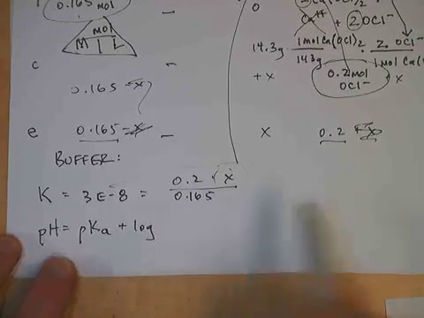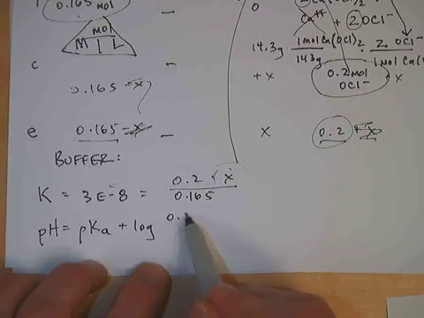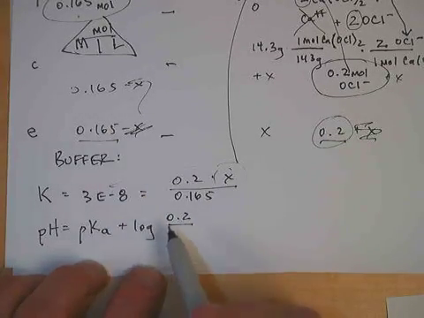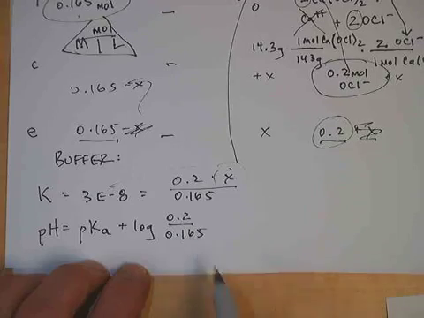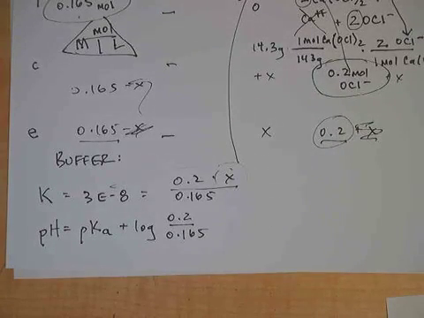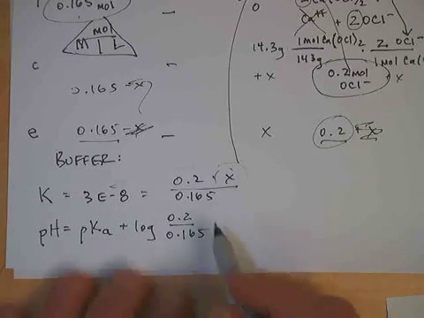Conversely, I could just jump to the Henderson-Hasselbalch equation, where the pH is equal to what's called the pKa plus the log of the base, 0.2, divided by the acid, 0.165.